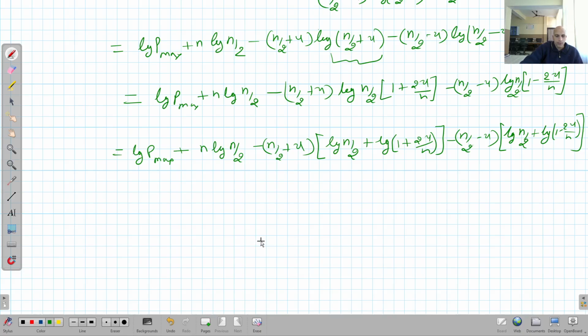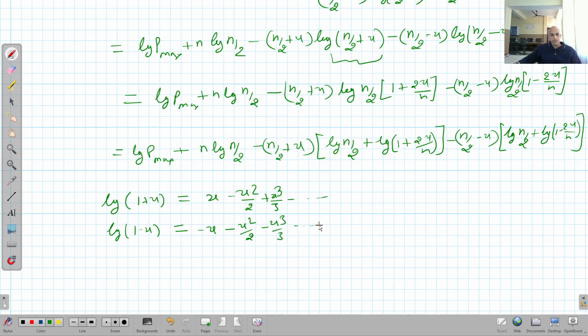So now I want to apply Taylor's theorem. Taylor's theorem is basically log of (1 plus x) is equal to x minus x square divided by 2 plus x cube divided by 3 minus and so on. In case of 1 minus x, it is minus x minus x square divided by 2 minus x cube divided by 3 and so on. In this particular case, we are going to retain only up to the second term.